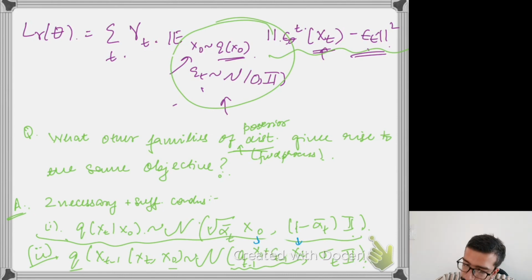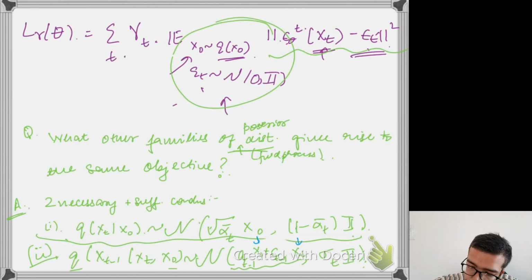For simplicity, instead of modeling it as a linear combination of x naught and xt, I directly model it as a linear combination of x naught and some notion of epsilon t.